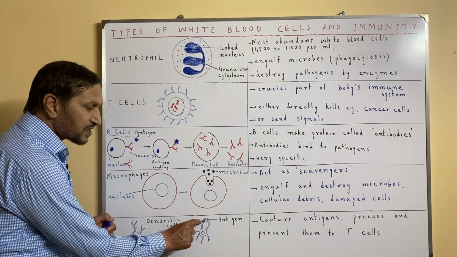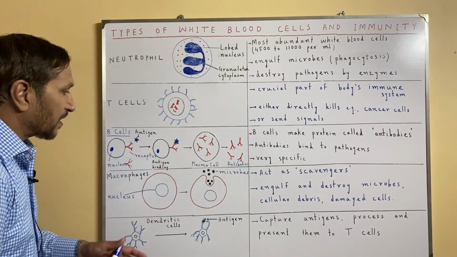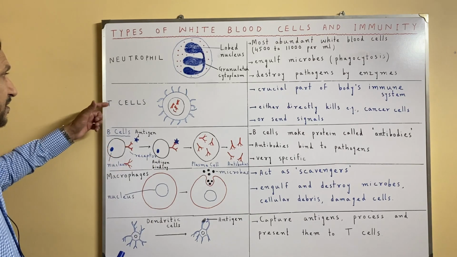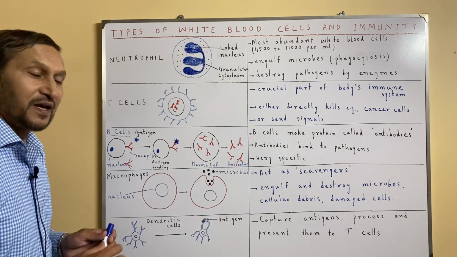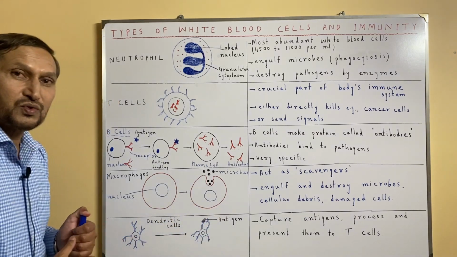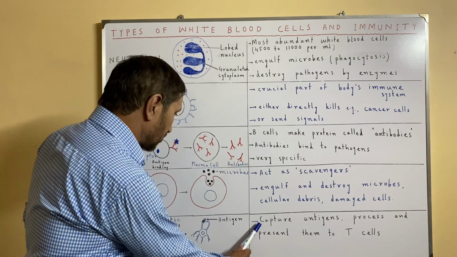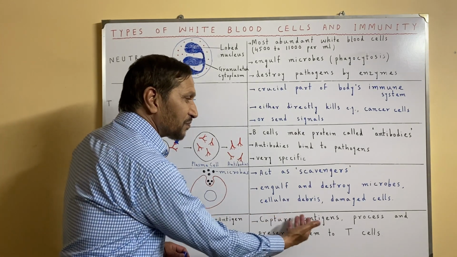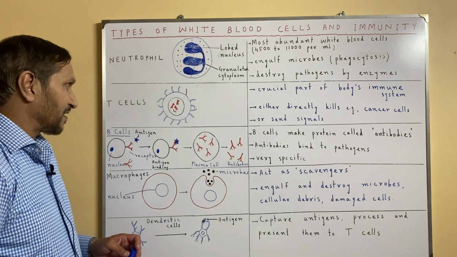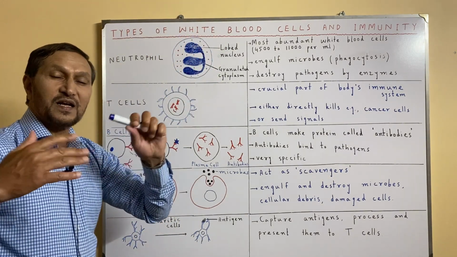When it is arrested by its dendrites, it calls T cells to attack the antigen and to eat or destroy it. In this way, dendritic cells capture antigens, process them and present them to the T cells. So in this way, we can understand how the immune system works.